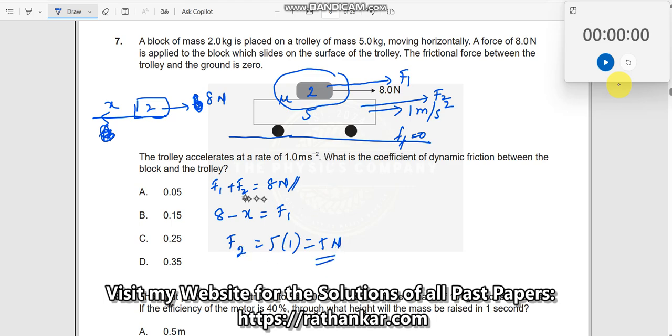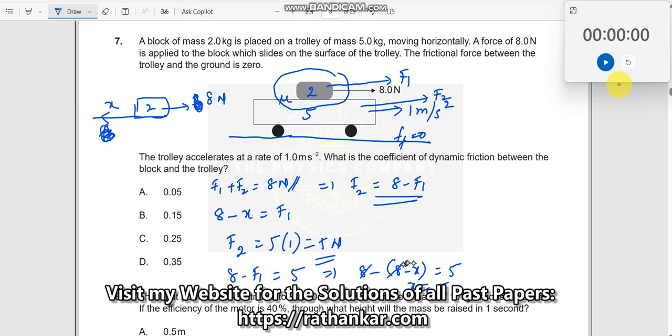From here I can say F2 is nothing but 8 minus F1. I will substitute it over here: 8 minus F1 is equal to 5. And F1 is 8 minus x, so 8 minus of 8 minus x is equal to 5. Which means 8 minus 8 goes away, minus into minus becomes plus, so x should be equal to 5.